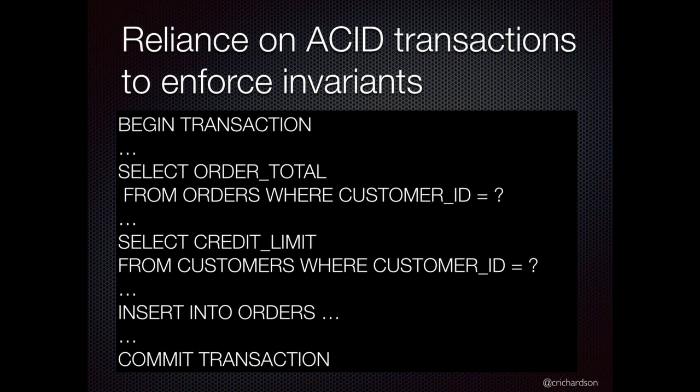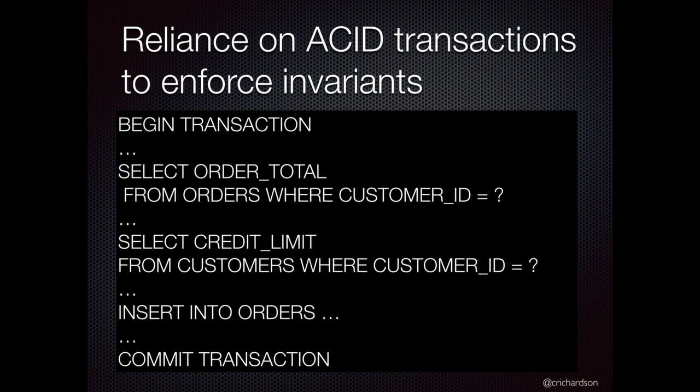Imagine that in this online store example, there's a business rule that a customer has a credit limit, so when placing an order we have to make sure that the new order will not violate the customer's credit limit.